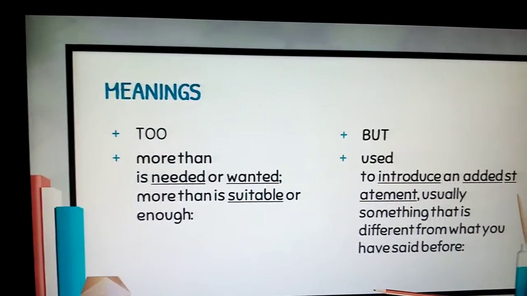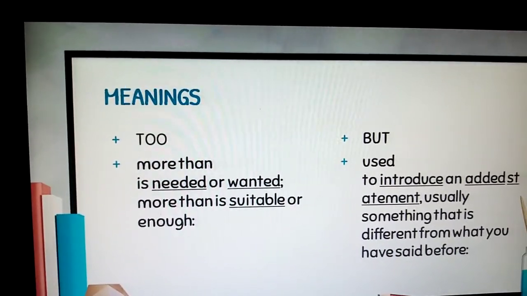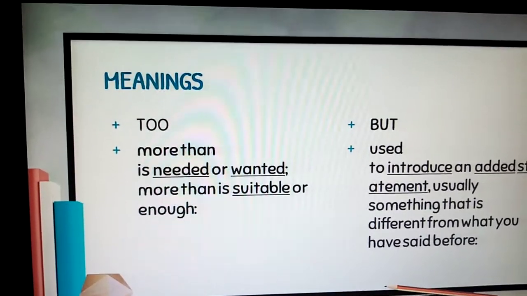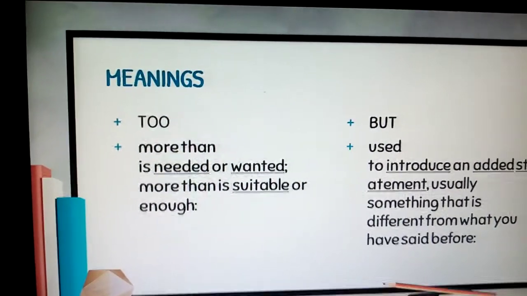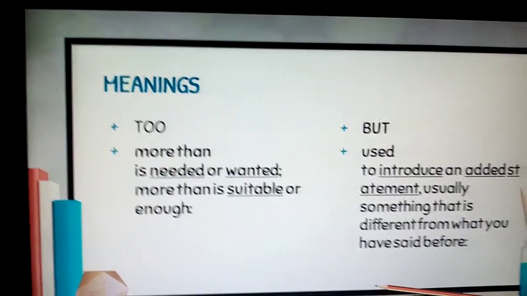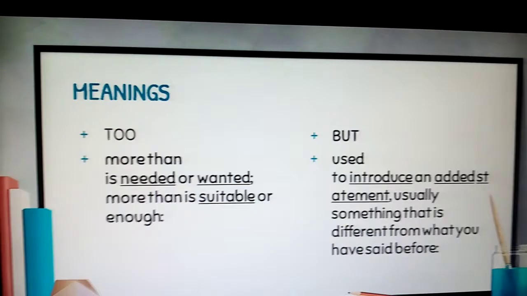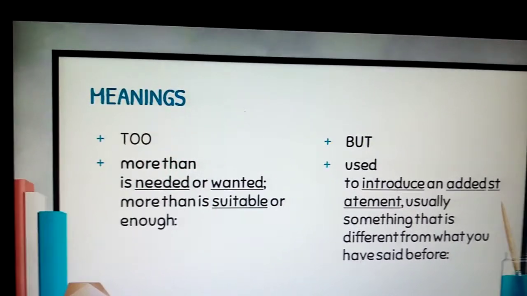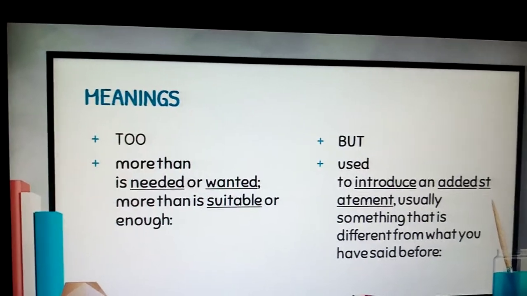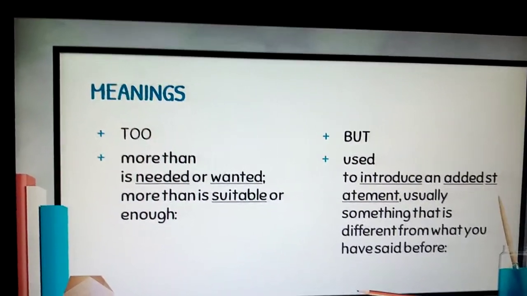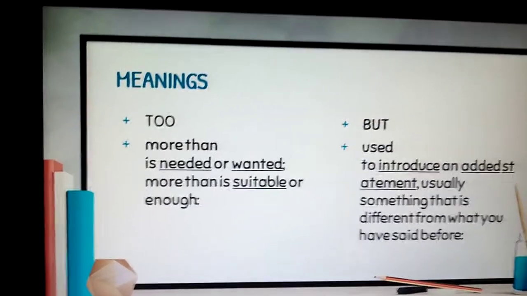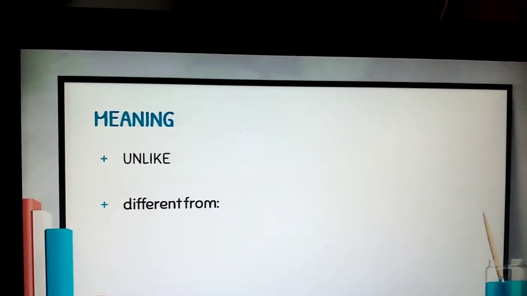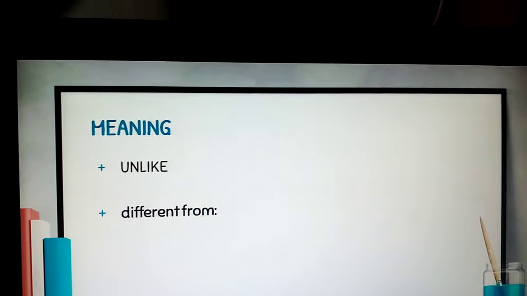Then we have the definition of too, more than is needed or wanted, more than is suitable or enough. But, used to introduce an added statement, usually something that is different from what you have said before. Then we have the word unlike, different from.